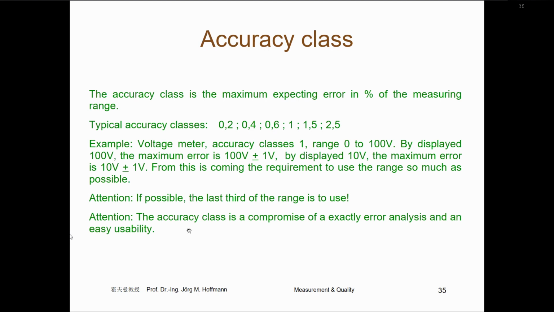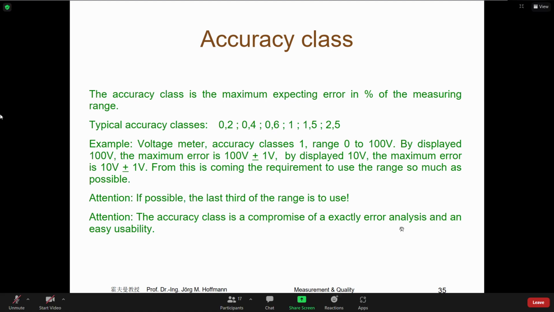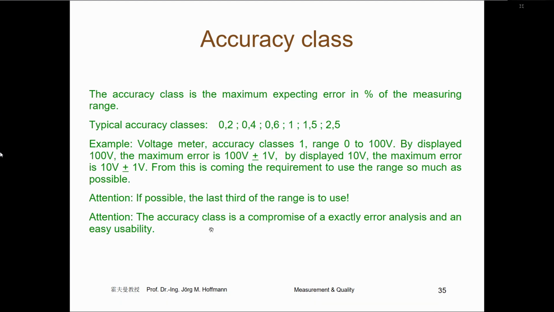Important is that the accuracy class is a compromise between an exact error analysis, as we have had it with the mean and standard deviation and so on, and easy usability. Therefore, in many factories and companies, they use this accuracy class because it is easy to understand, but it is not the scientific method.